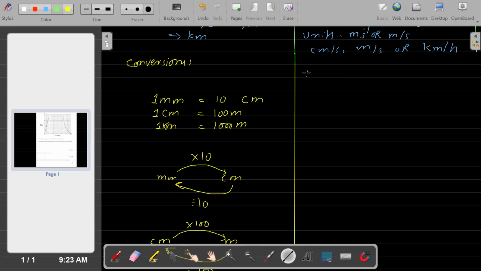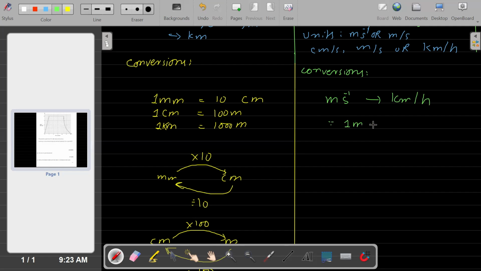So conversion, okay, sometimes you see that it says convert meter per second to kilometer per hour. Kilometer per hour.